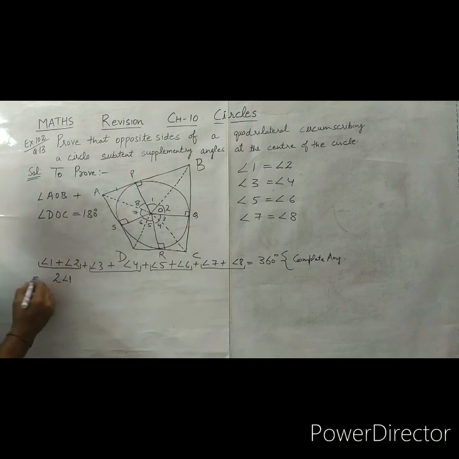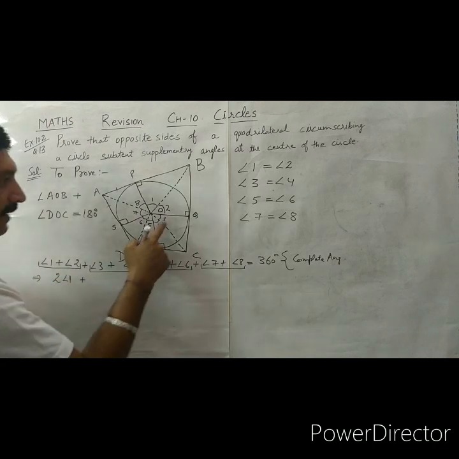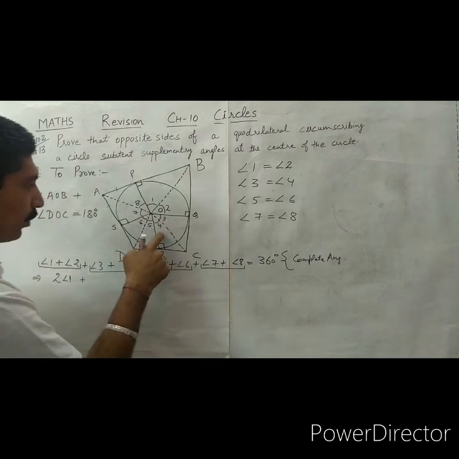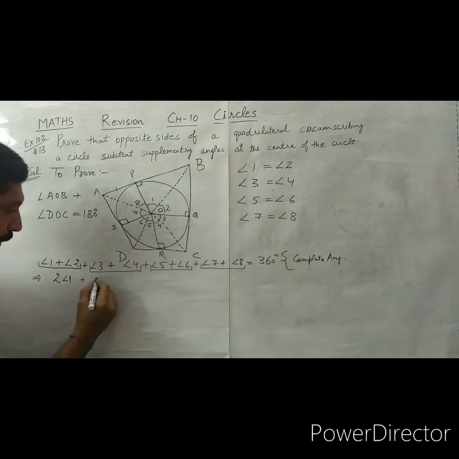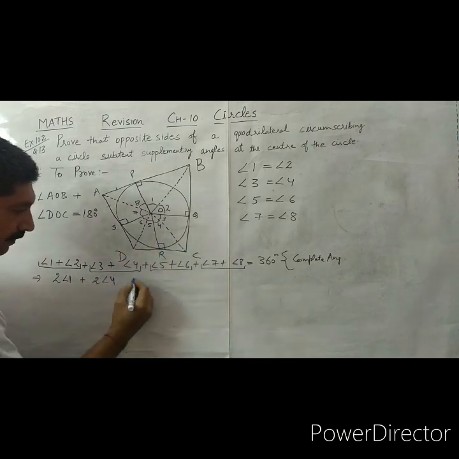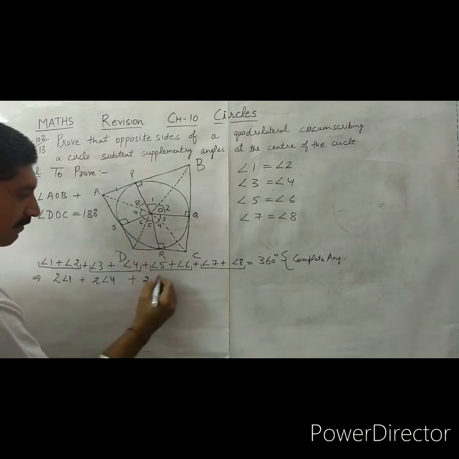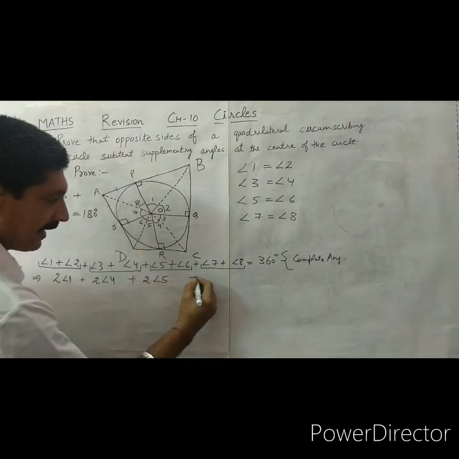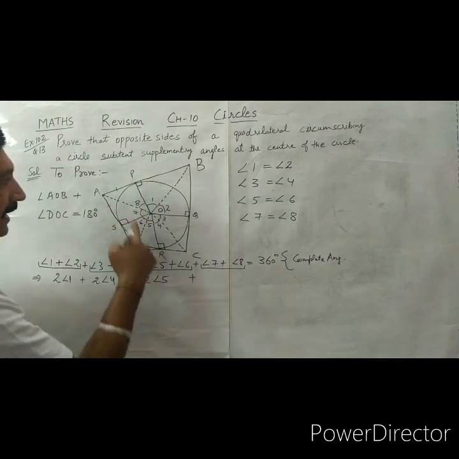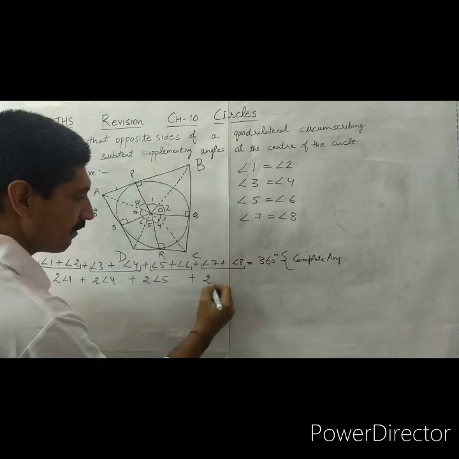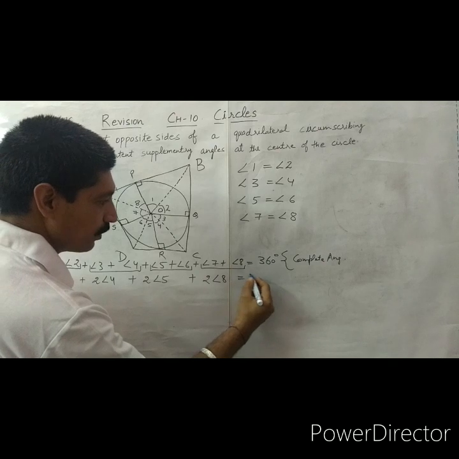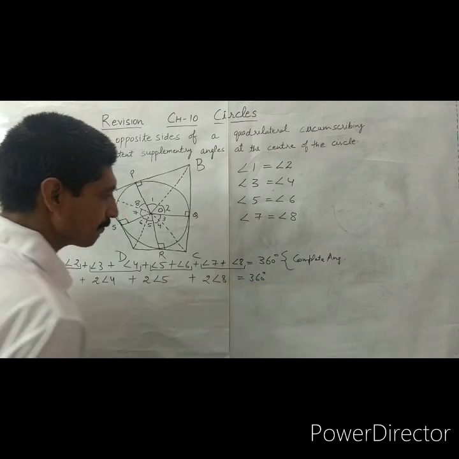This implies that this is twice of angle 1 plus, in place of 3 and 4, I can write twice of angle 4 plus, in place of 5, 6, twice of angle 5, and in case of 7, 8, twice of angle 8 is equal to 360 degrees.